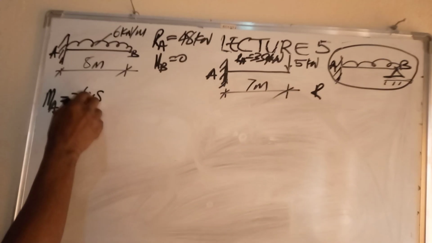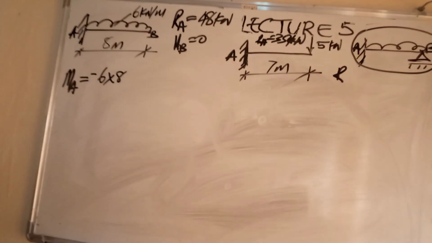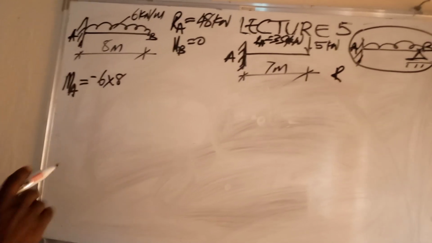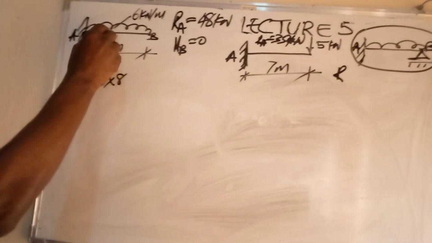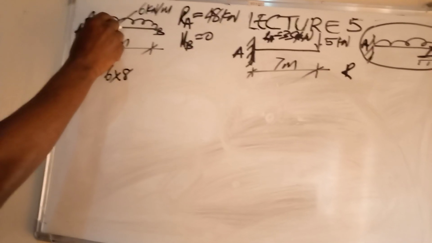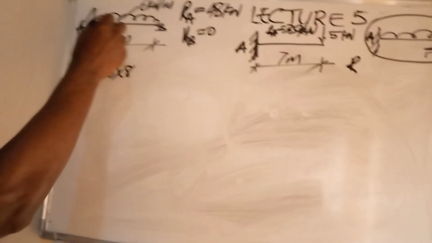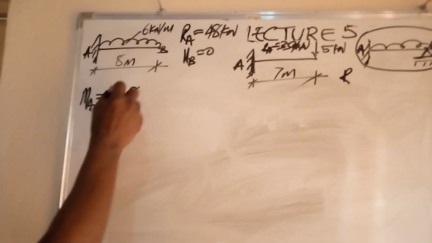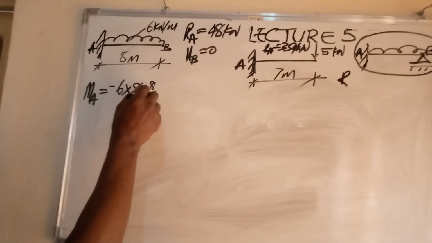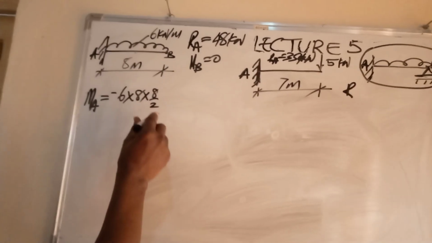Now to get it as a moment, we multiply with the perpendicular distance from the center of gravity, which is half of 8, that is 4.